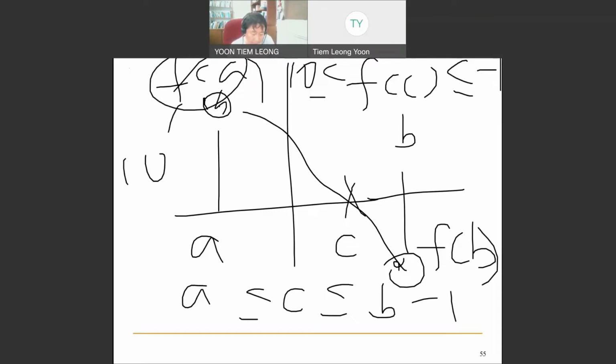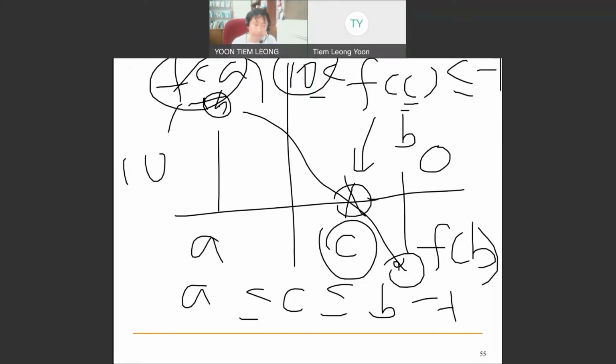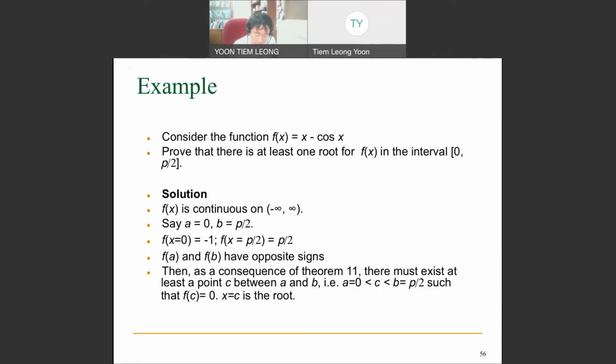So there must be values of f(c) lying between 10 and -1, and here you choose the value of f(c) to be 0, right? So 0 is lying between 10 and -1 as well. So the theorem guarantees the existence of c such that f(c) is a number which is chosen to be 0. Okay, so 0 is lying between f(a) and f(b). So it guarantees the existence of the roots. Okay, so this is an example.